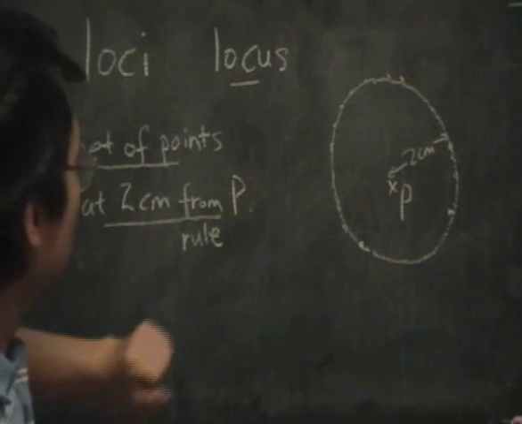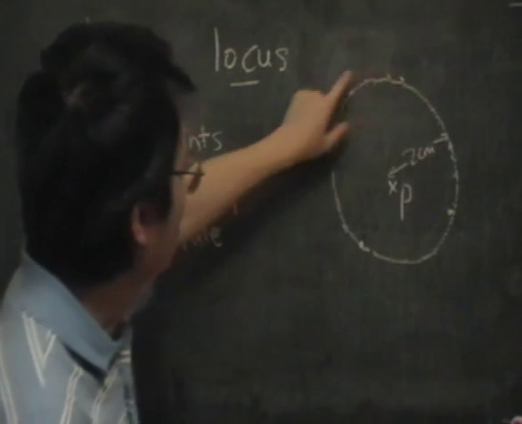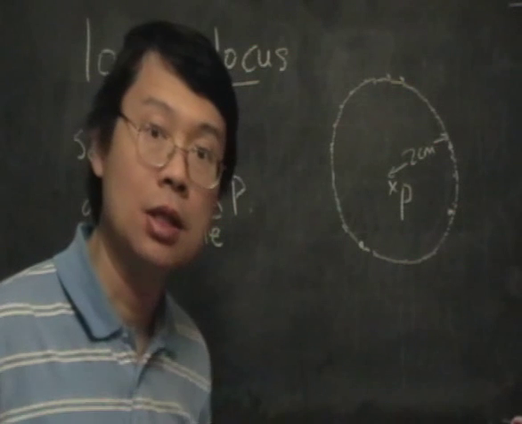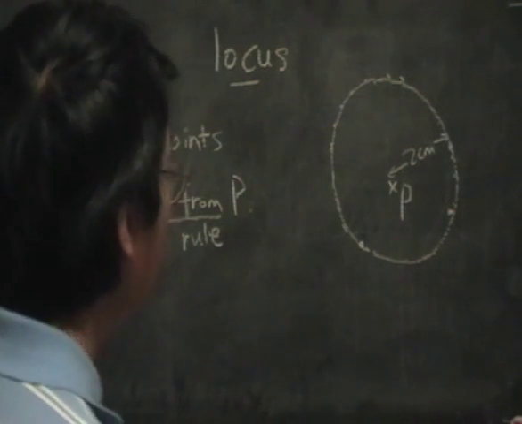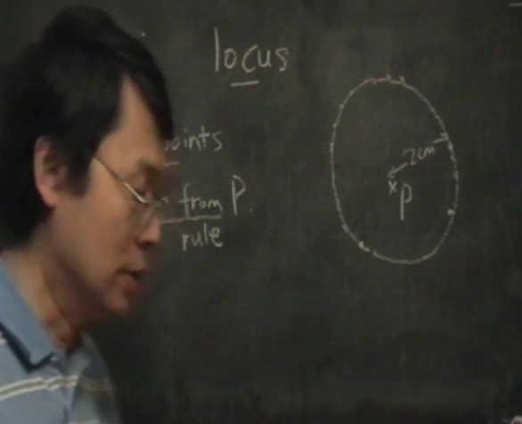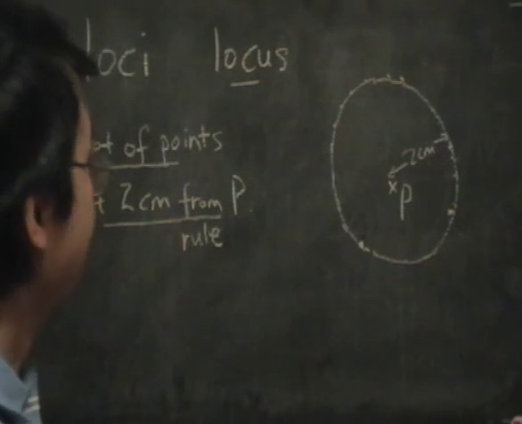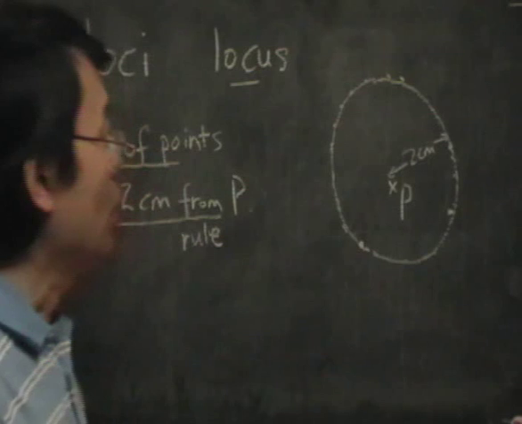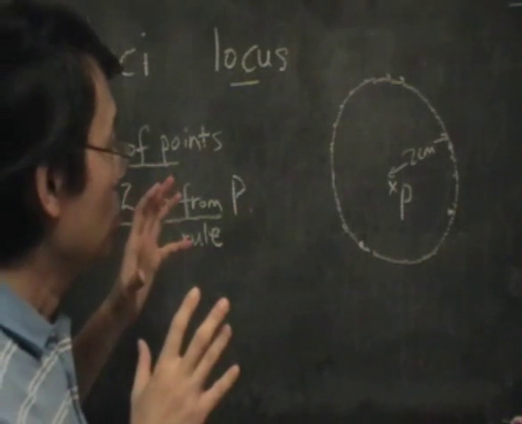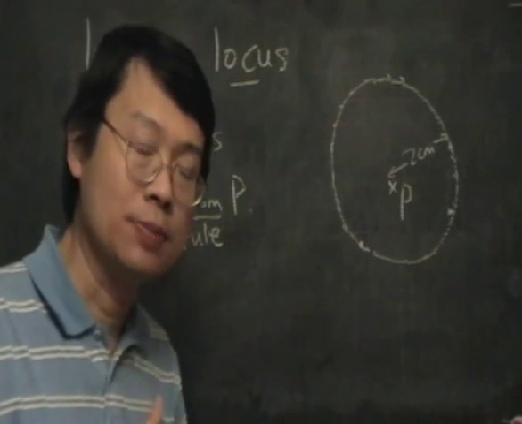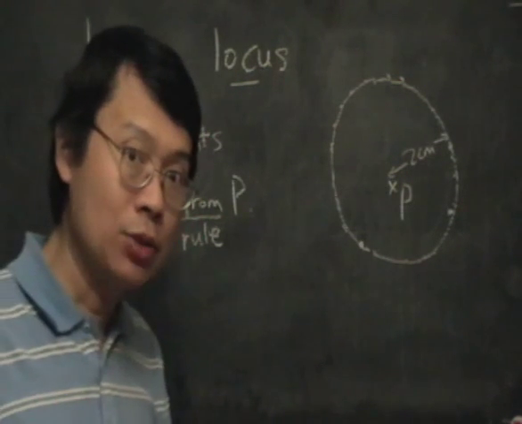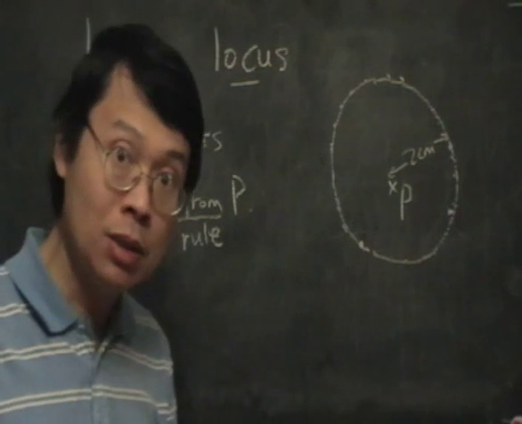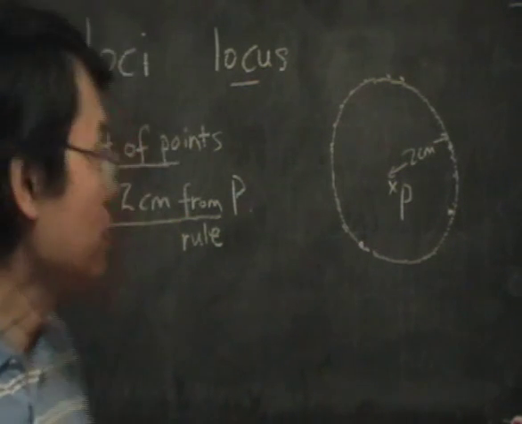So in other words, this set of points actually traces out a curve. And quite often, in mathematics, we have to draw this locus, and we have to draw it accurately. And the way to do that is to use the method that we learned in construction.